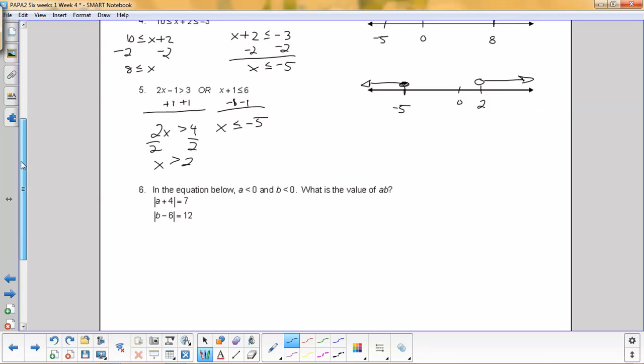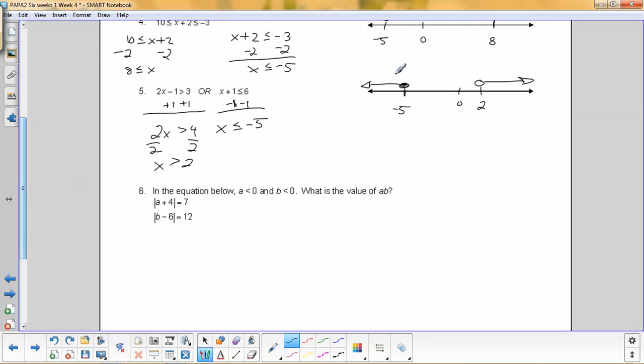And finally, a little SAT introduction here. Alright, so in the equation below, A is less than 0, B is also less than 0. What is the value of A times B? Okay, so there's only two solutions that can go there. 3 plus 4 equals 7.